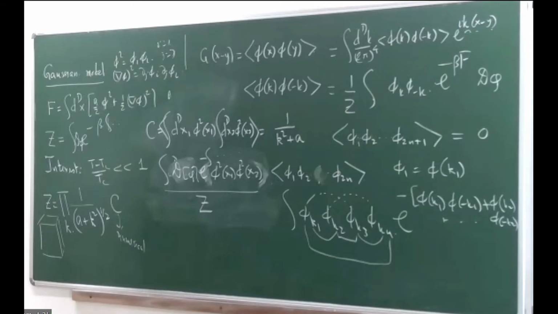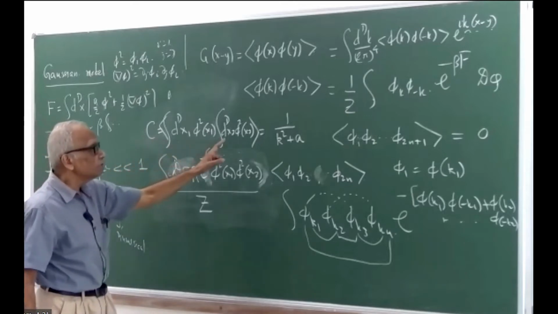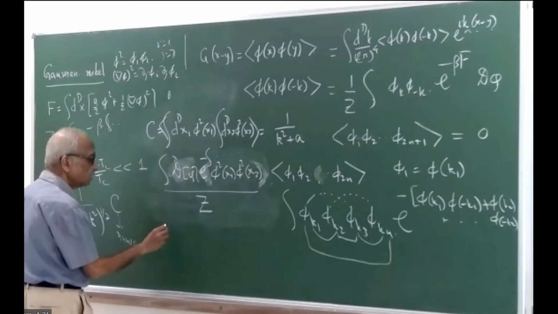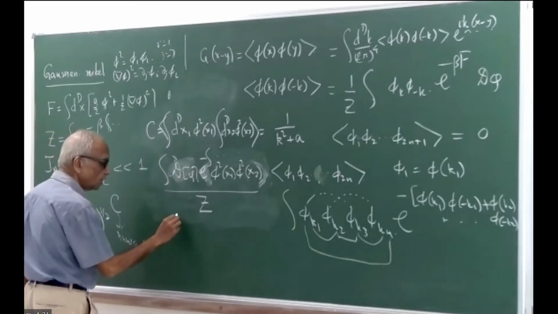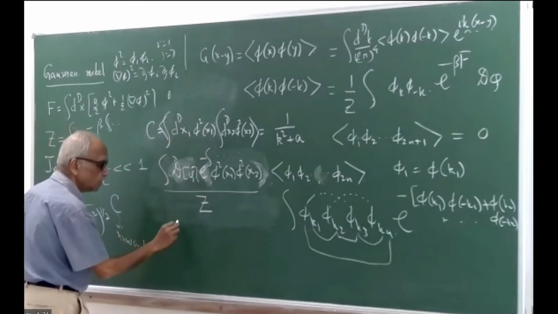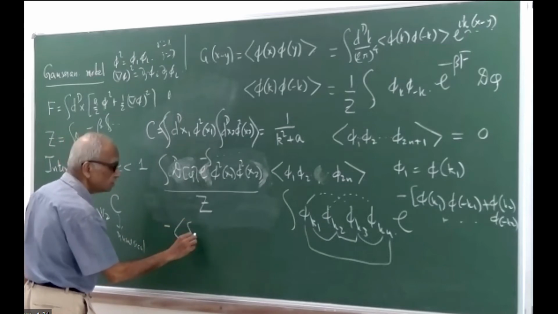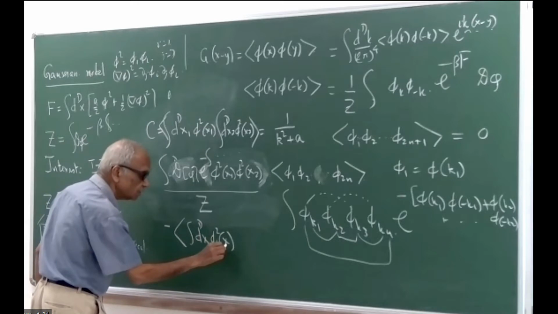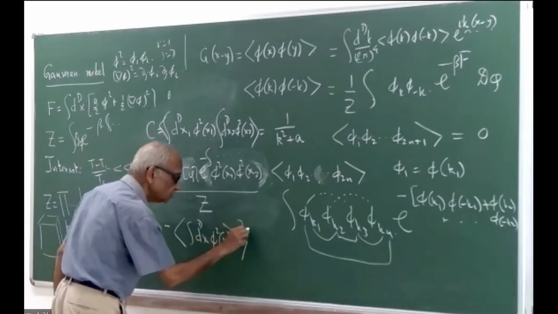Now the specific heat was, mind you, not just this. It had a minus, and the minus was the square: the integral ddx phi square x, that average squared.